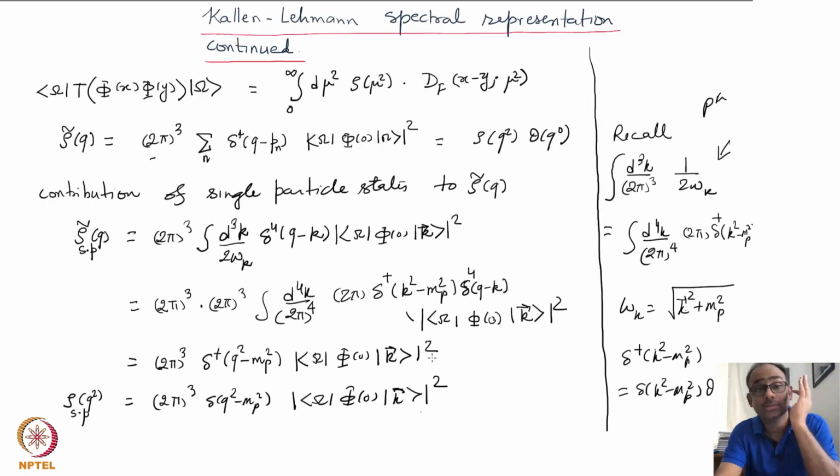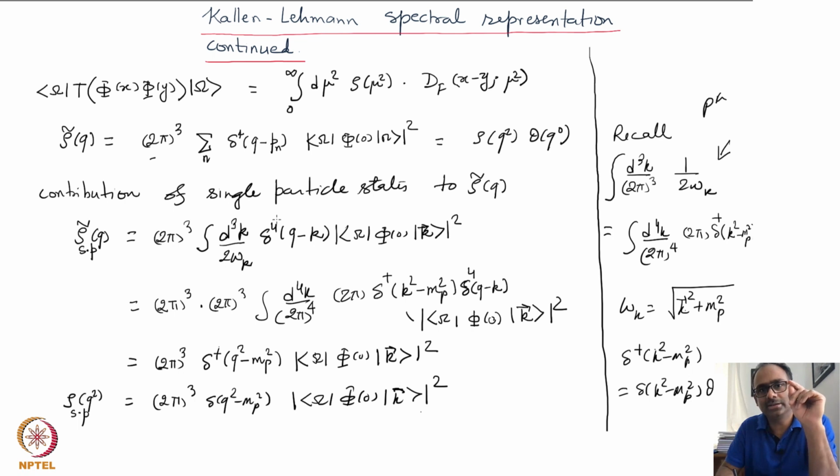Okay, so look here. Here we had a sum over all the states which are eigenstates of p mu, and we singled out first single particle states, and this brought in d cube k. So you have 3 integrals, and you have a delta 4, which is basically 4 delta functions, right?